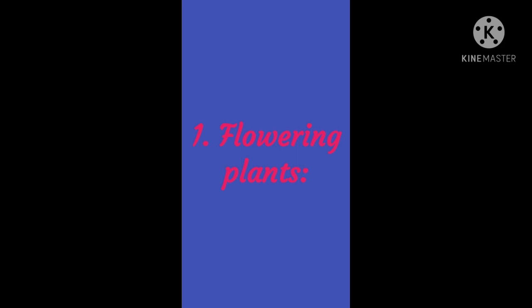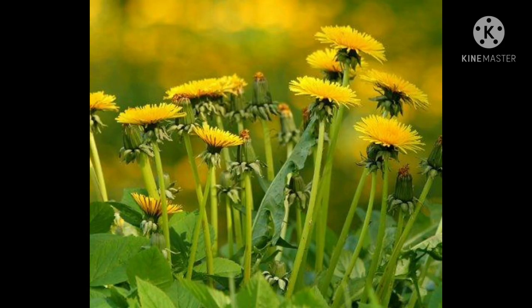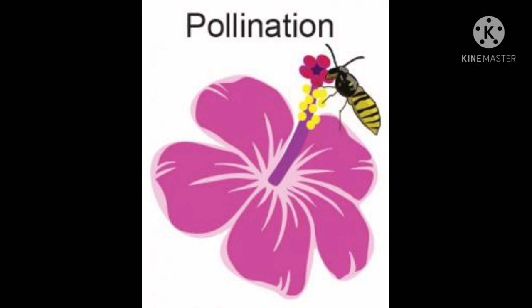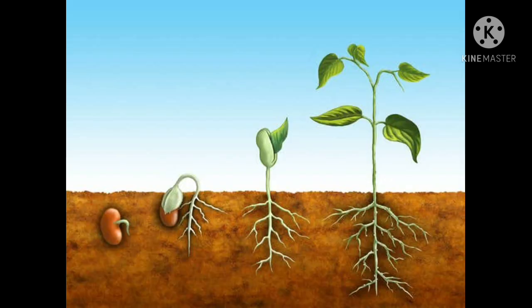First, flowering plants. Plants bearing flowers are called flowering plants. They reproduce by sex cells or gametes and produce seeds. Seeds produce new plants.